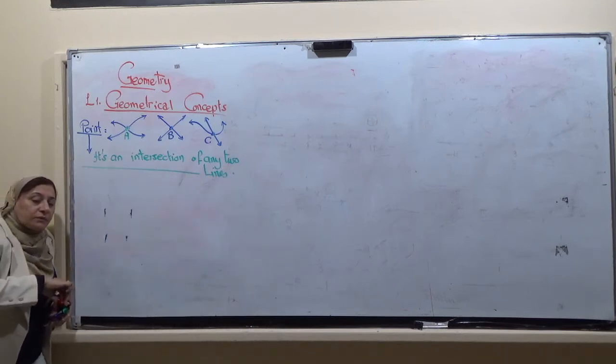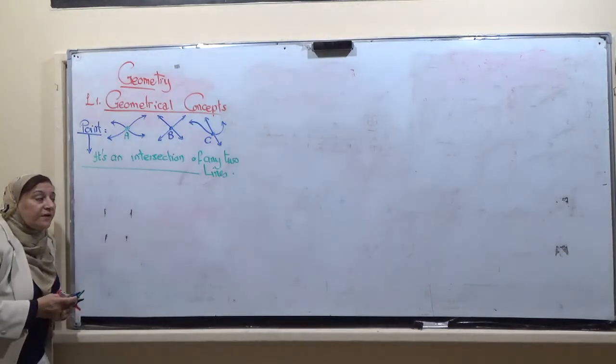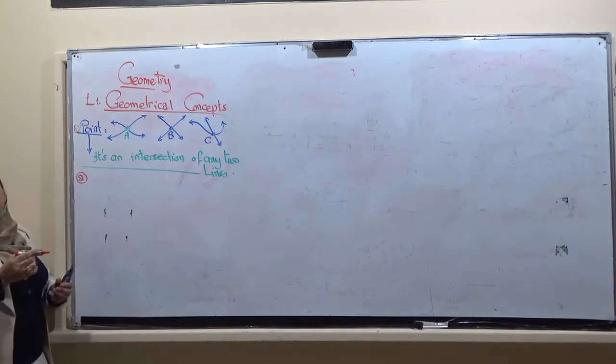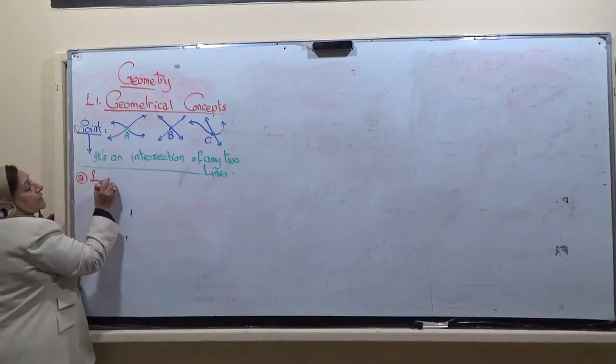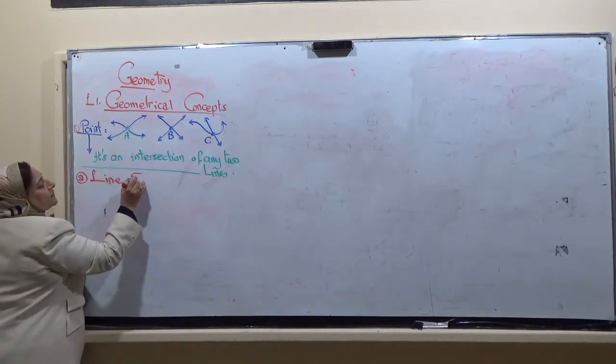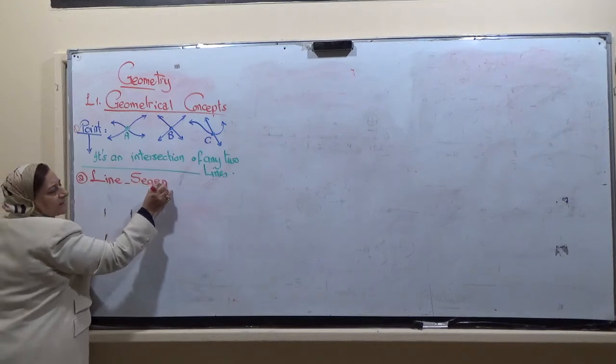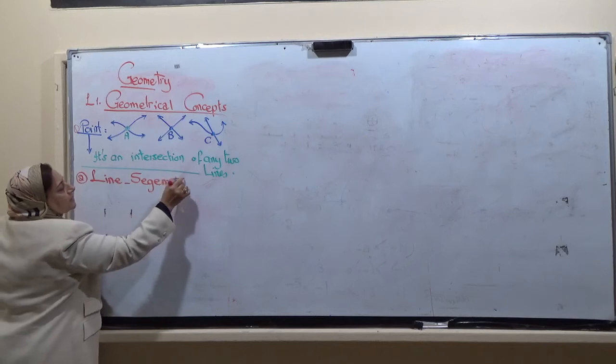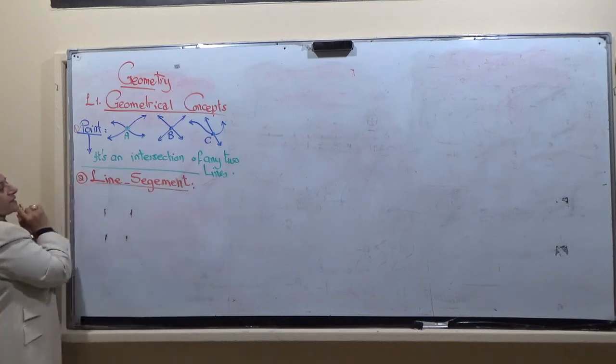What if you want to identify number 2, what is the line segment? What's the line segment?